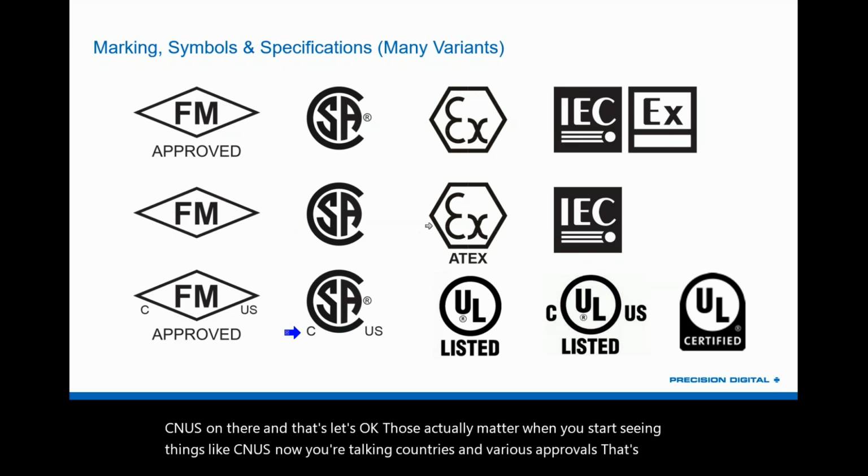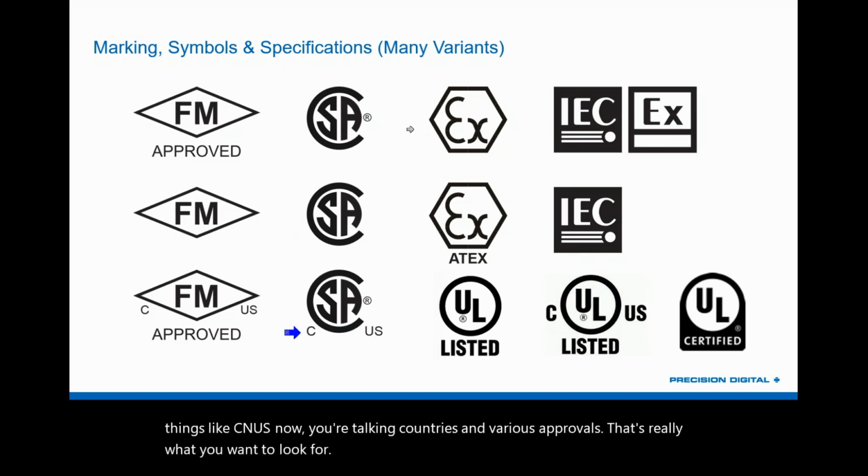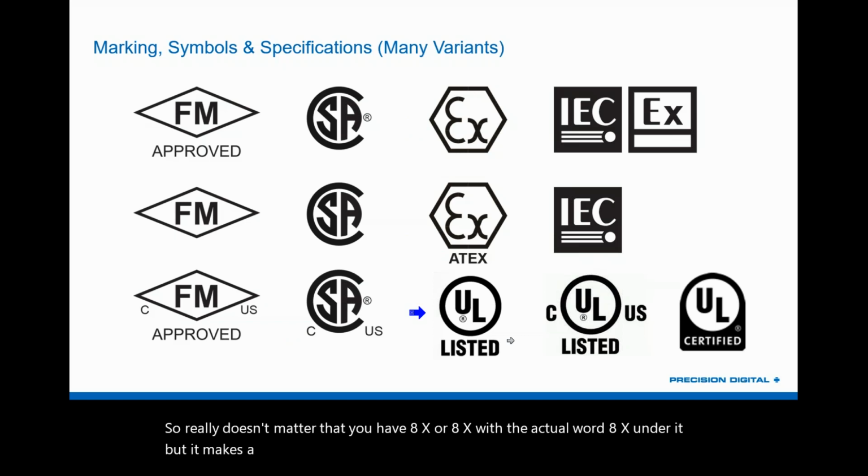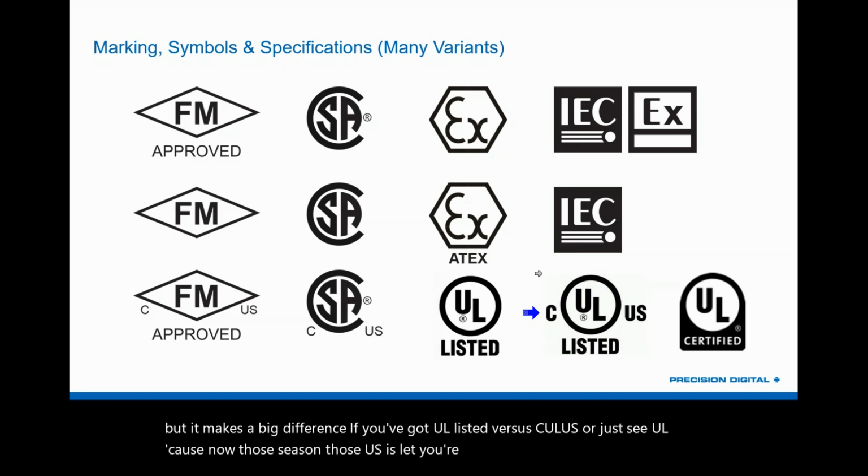That's really what you want to look for. So it really doesn't matter if you have ATEX or ATEX with the actual word ATEX under it, but it makes a big difference if you've got UL listed versus CUL US or just CUL, because now those C's and those US's let you know you're talking countries and you're talking the different standards accepted in those countries.